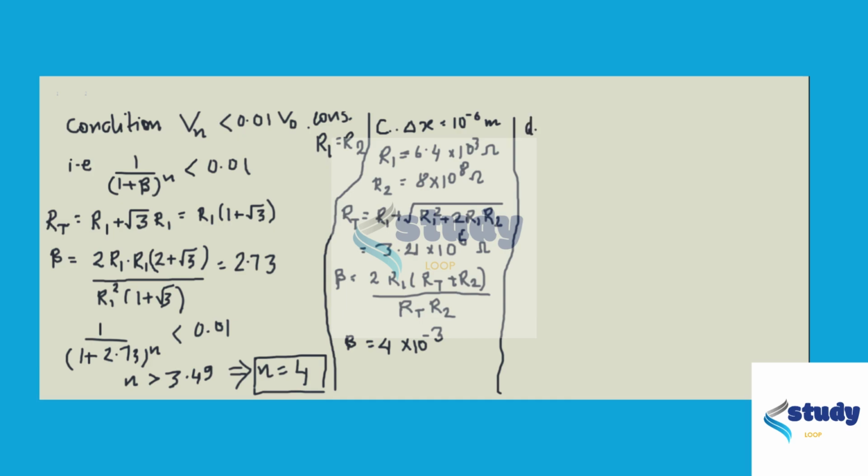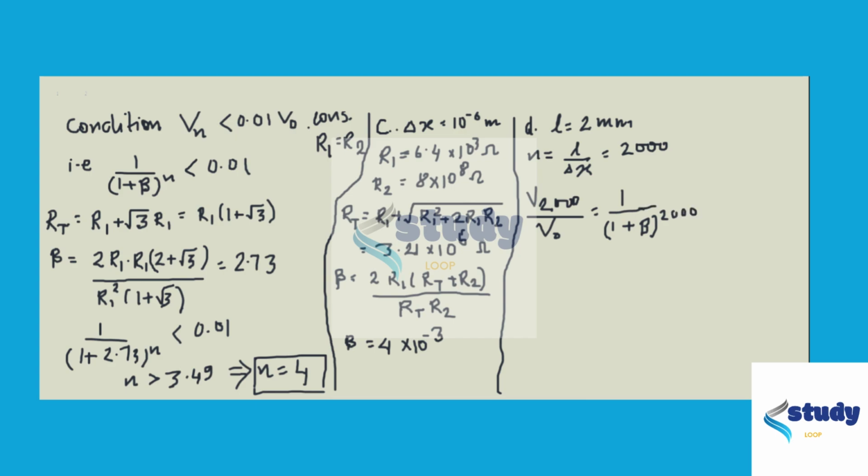Now for D, it is given that the length of the axon is 2 millimeters. So the number of segments will be L upon del x. So L is 2 millimeter, del x is 10 to the power minus 6. So this gives me N equals 2000, right? So V2000 upon V naught, that is what the question wanted us to calculate, will be equal to 1 upon 1 plus beta times 2000, right?